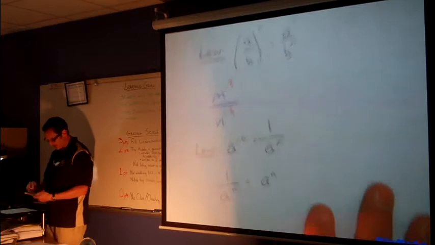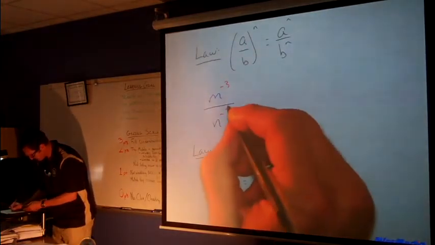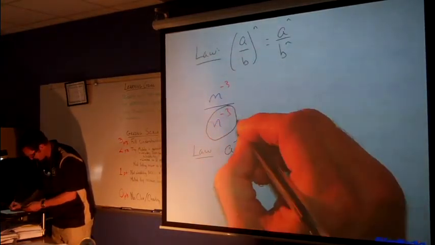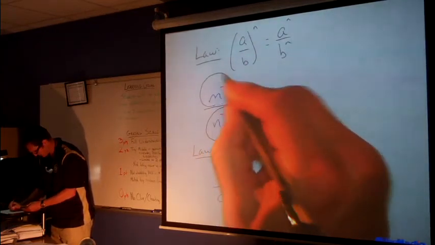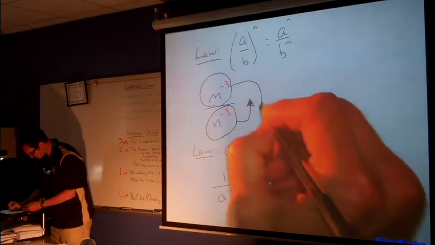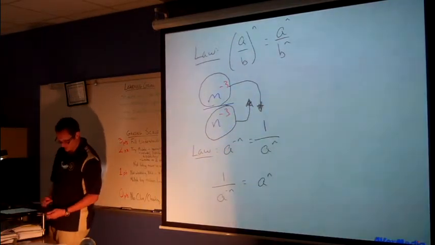What's going to happen is that they end up flipping. This number has to move to the top, so the exponent can become positive. This number has to move to the bottom, so that the exponent can become positive.